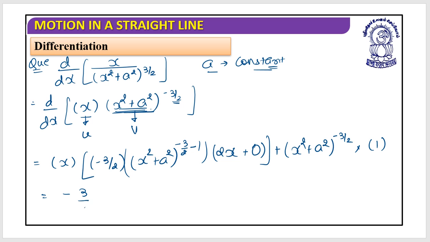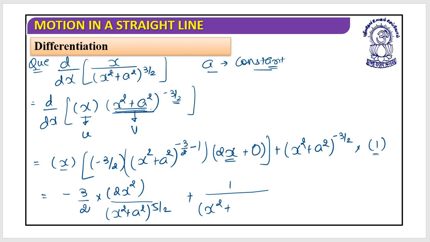It's minus 3 by 2, multiplied by 2x. This is 2x multiplied by x, so let's write it as 2x square itself, divided by x square plus a square to the power 5 by 2, plus 1 divided by x square plus a square to the power 3 by 2.